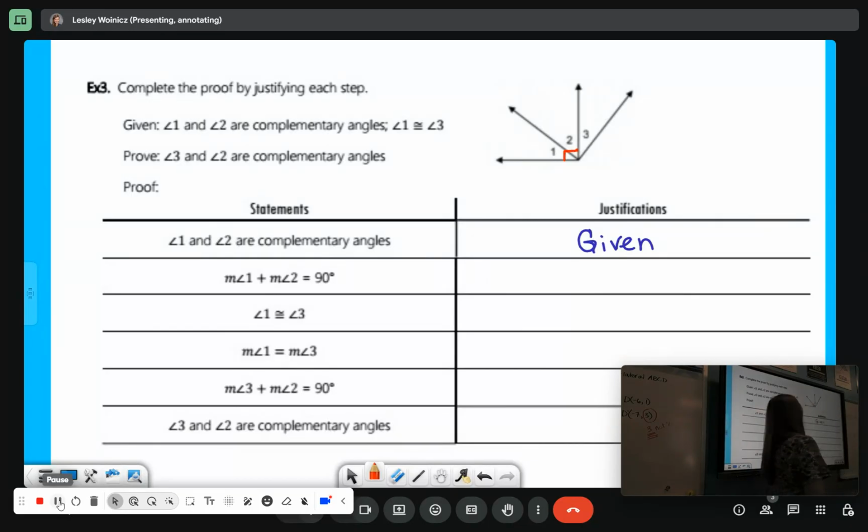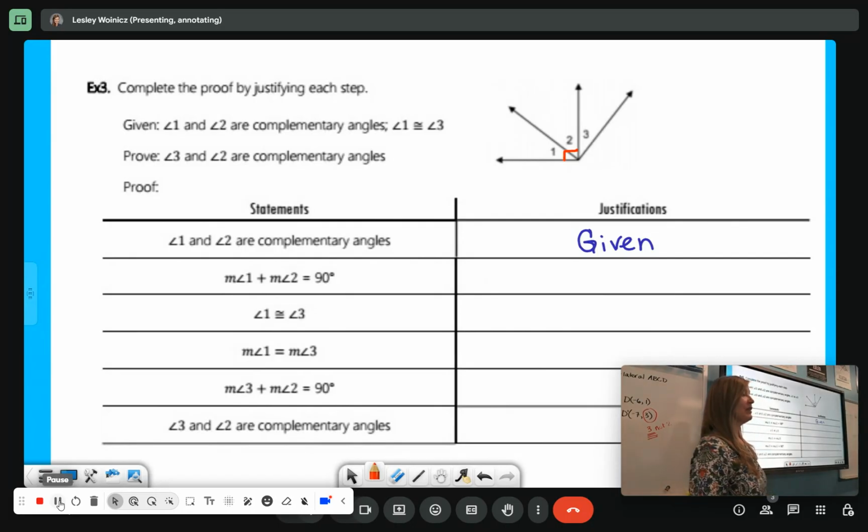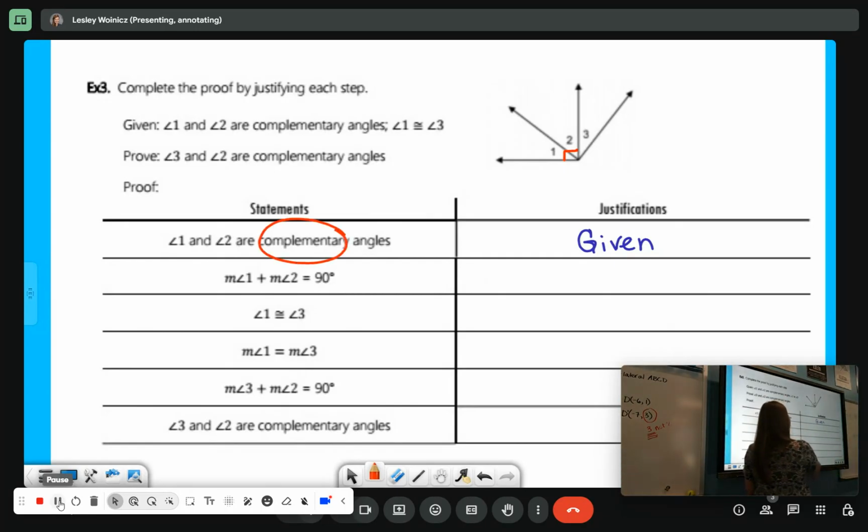Okay, so if they're complementary, what do I know about the sum of their measures? Equal 90. So what definition did I just use here? Okay, so I'm a lawyer. I'm making my case. I just used complementary in my evidence, and now I'm going to use it in my justification.